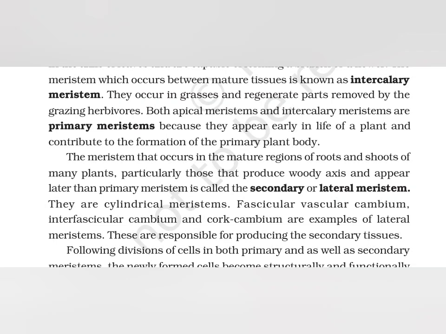They are cylindrical meristems. Fascicular vascular cambium, interfascicular cambium, and cork cambium are examples of lateral meristems. These are responsible for producing the secondary tissues.